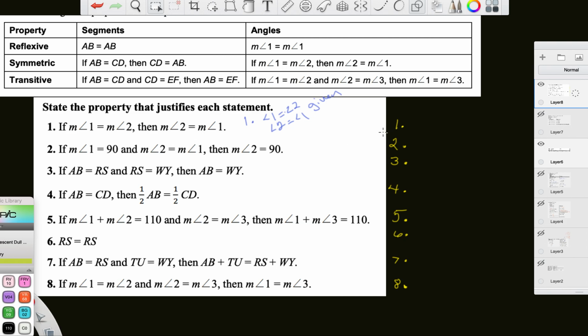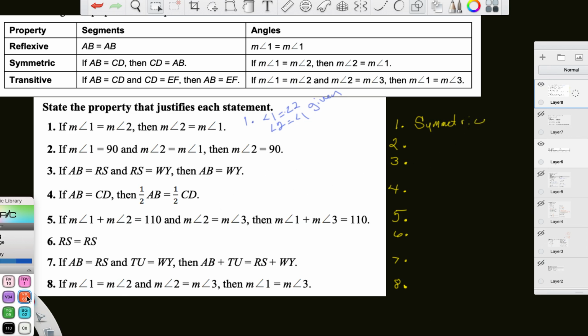And instead of writing given, because I only have the two statements, the statement and what needs justification by way of property, well, look, AB and AB, are they in the same order? No. Are they reflecting on each other? Has the order changed? Yeah. So we're talking about symmetric. Cool?